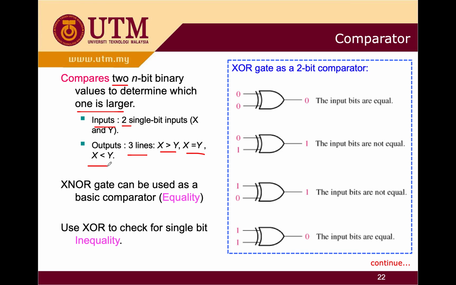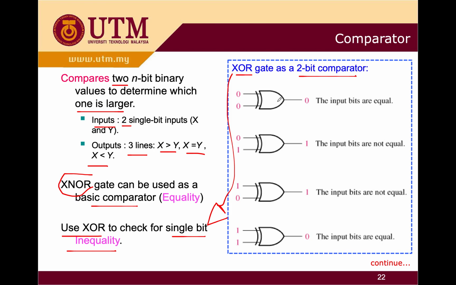than y. And an XOR gate can be used as a basic comparator, where you use XOR to check single-bit inequality. So this is an example of what this sentence is about, the XOR gate as a 2-bit comparator.